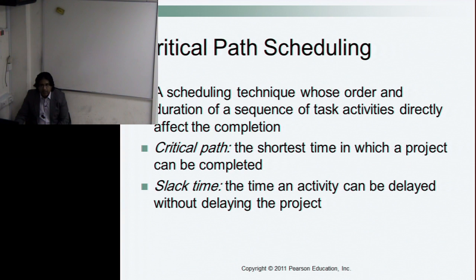We can say that this is the amount of time that project must take in its completion. Right? Clear?